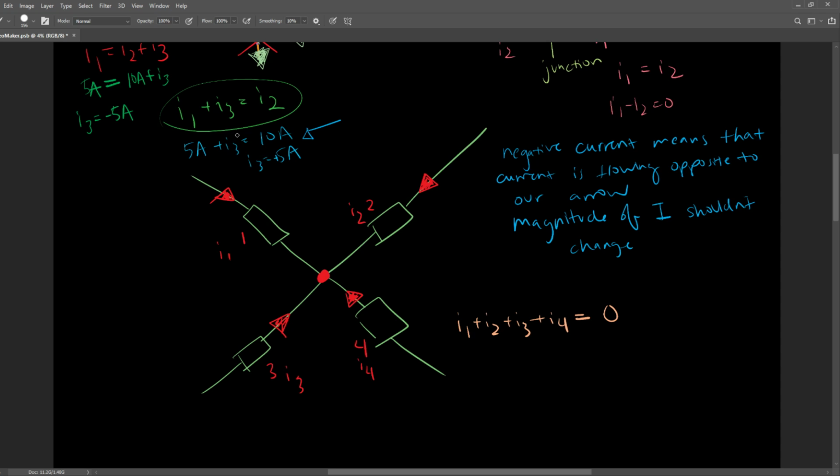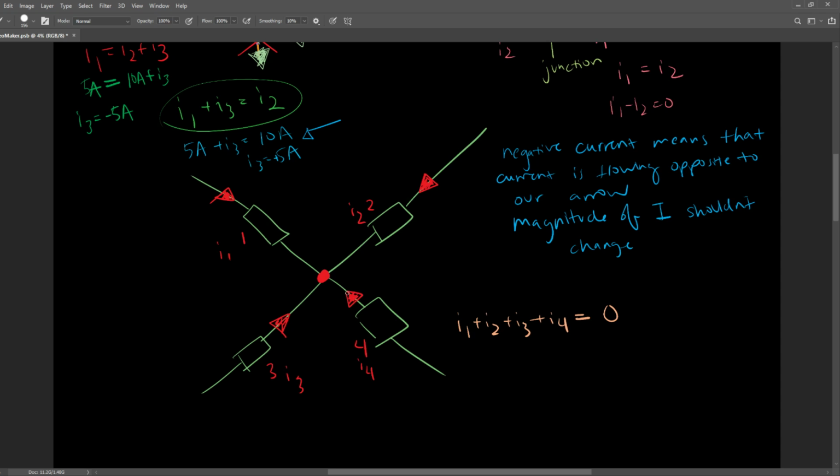Based on the previous example, what this means is if we actually solved for all of these currents, at least one current is most likely going to be negative, based on this arrangement.